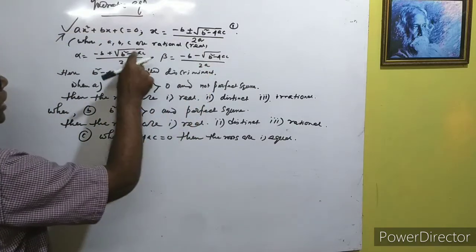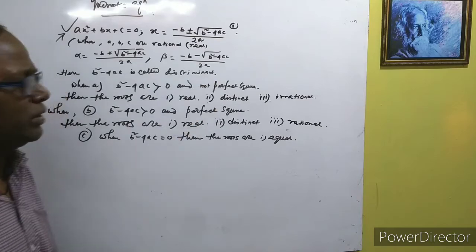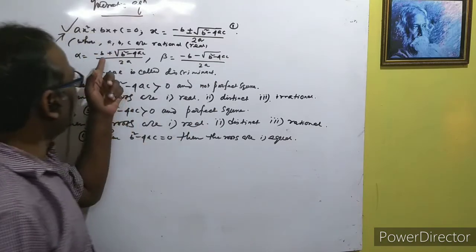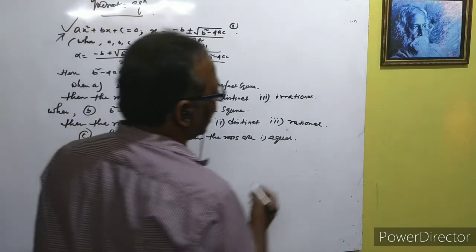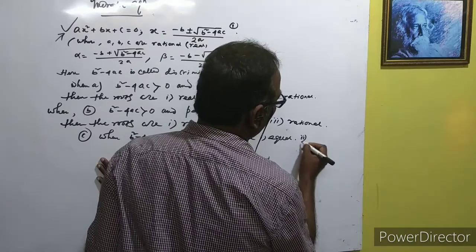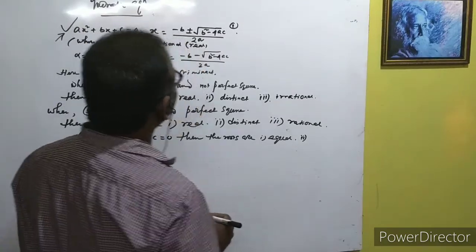If it is 0, then we get the value of alpha as minus b by twice a, and beta is also equal to minus b by twice a. Both the solutions are the same, that's why equal. And if a, b, c are rational, this is also real, so we can say the roots are, number 2, equal and rational.